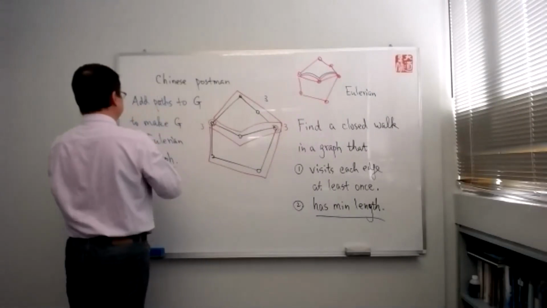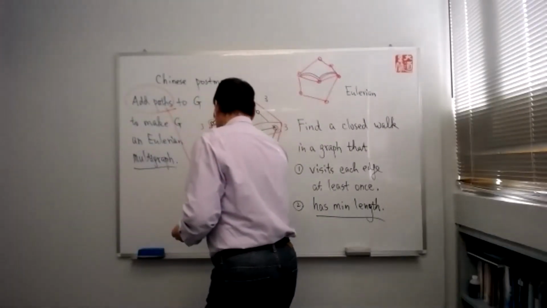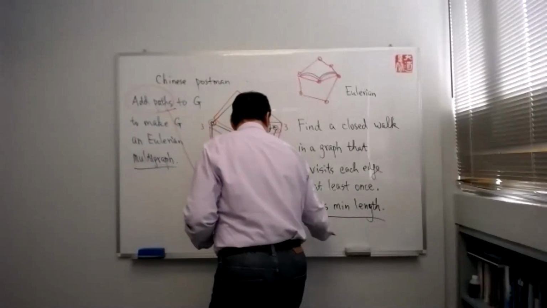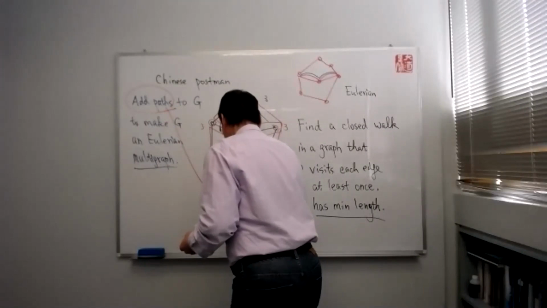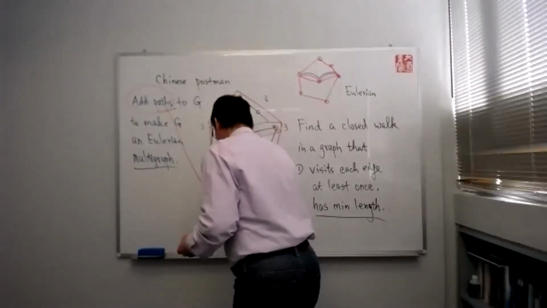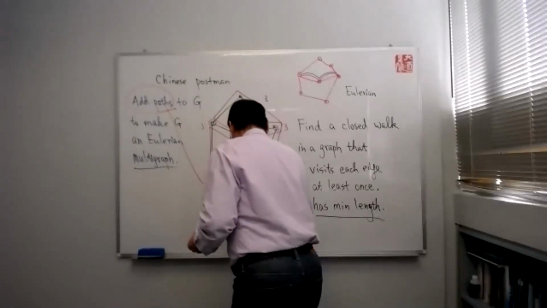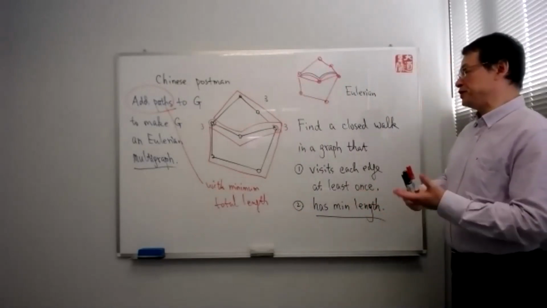So the condition here is to add edges with minimum total length. All right. So that's what we need to do. How can we do this?